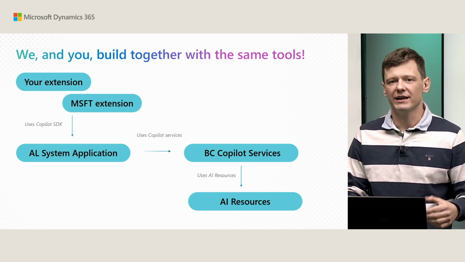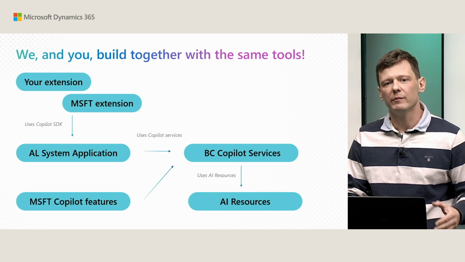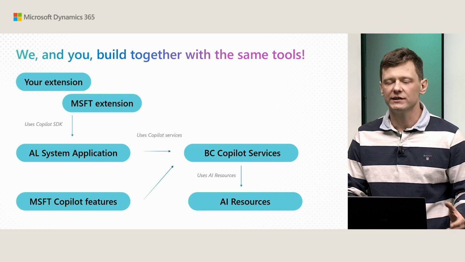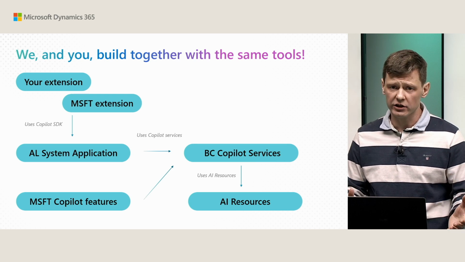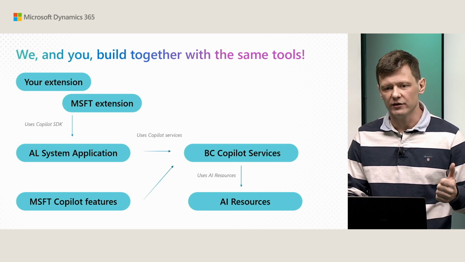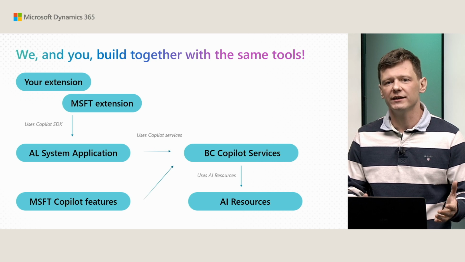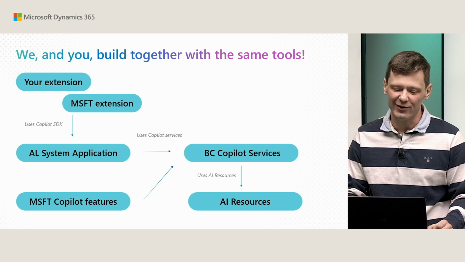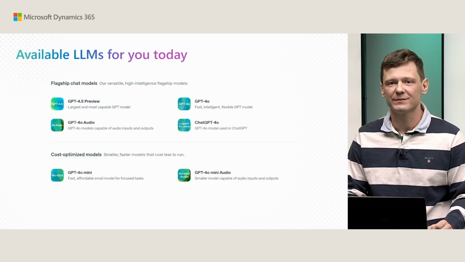And it's not only application features. In fact, all of our platform, all of our agentic frameworks, are leveraging the same infrastructure from an availability perspective and a resource consumption perspective. So it's just great that you and us finally share the same toolset for building Copilot experiences.